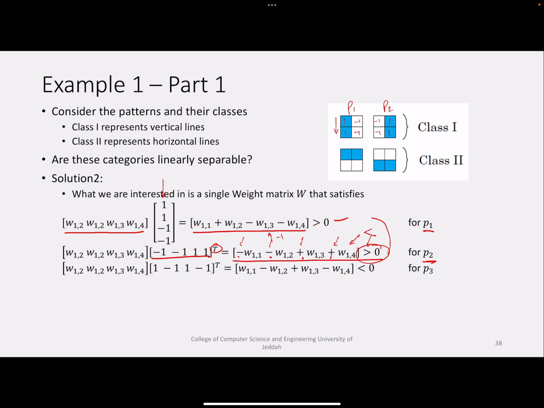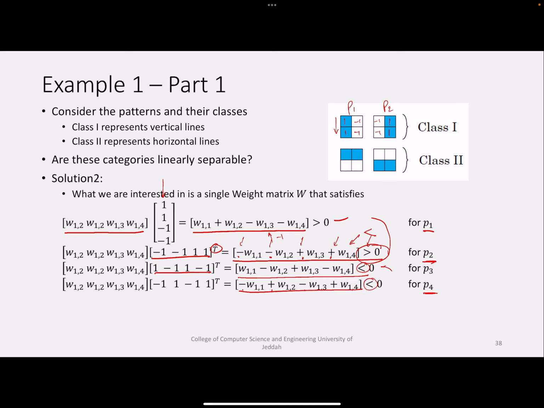And guess what? The same is true for inputs P3 and P4. I multiply the P3 vector with the weight vector and I get this equation over here. I do the same thing for P4 and I get this equation. You can see that they both have less than signs, but the signs on all the weights are exactly the opposite.